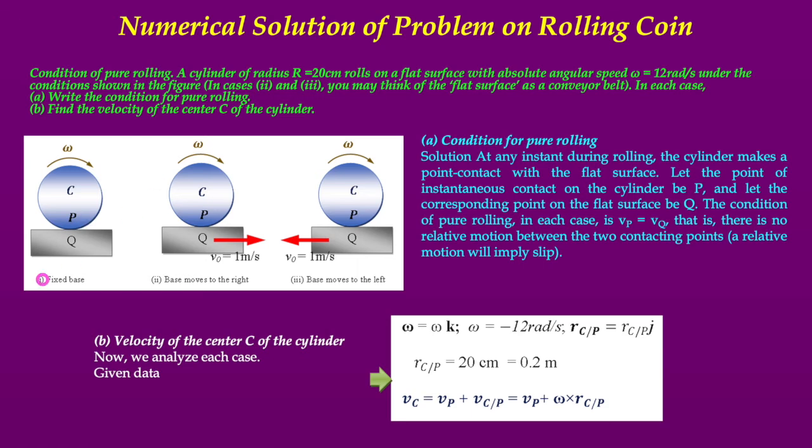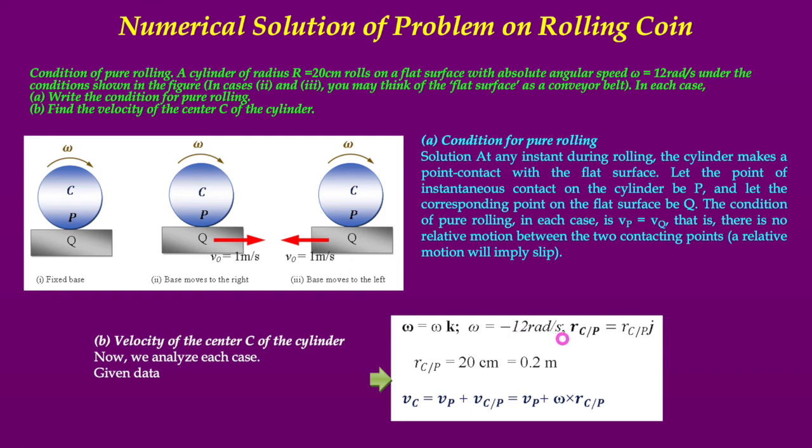Then how to find out these values? The plane of rotation is this, so omega can be written as perpendicular to this plane. Let's consider this is the xy plane of the paper, and perpendicular to that is the direction of omega. So omega can be considered as omega k. The magnitude of this omega is given as 12 radian per second.